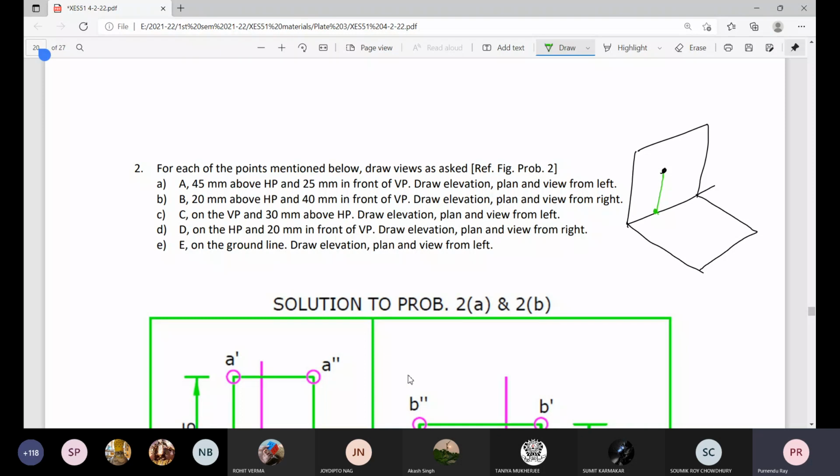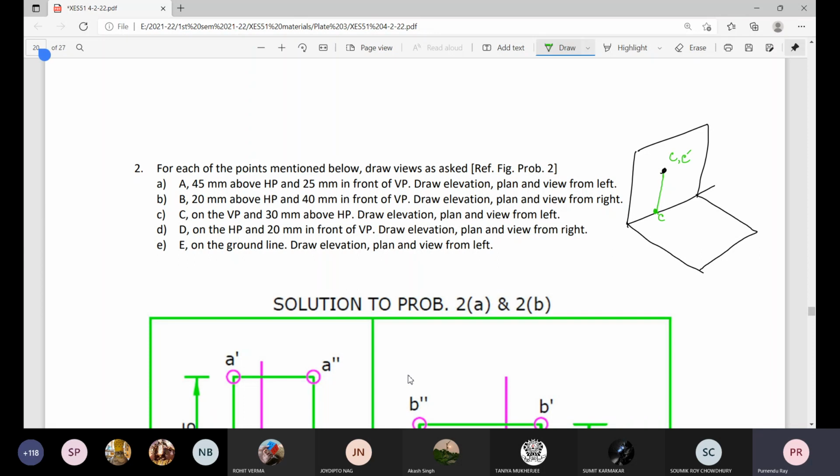So this is point C, C on the vertical plane. So C and small c, they are same. Sorry, the elevation C prime, and this location is small c, the plan.